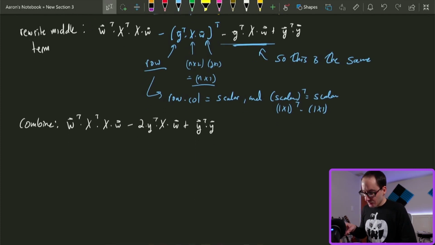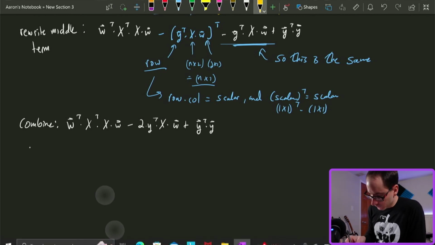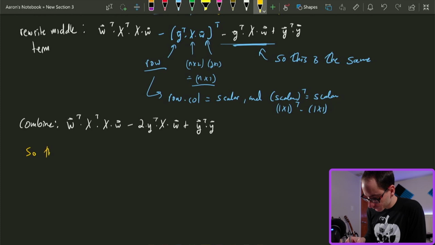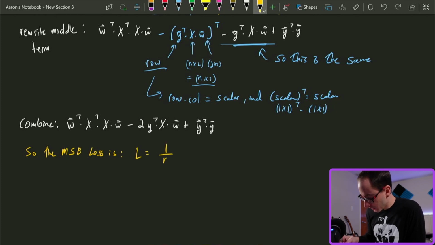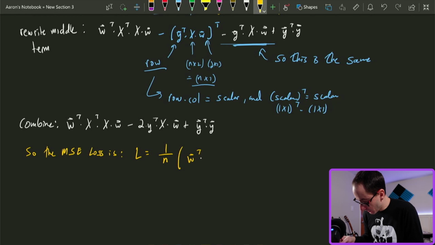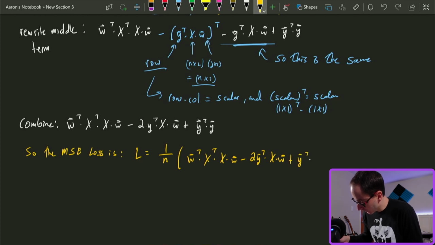Okay, cool. So that's a little bit nice in some sense. So our loss function L, the mean square error loss function L, is equal to 1 over n, that constant just hanging out for the ride, times w transpose times x transpose times x dot w minus 2 y transpose dot x dot w plus y transpose times y.